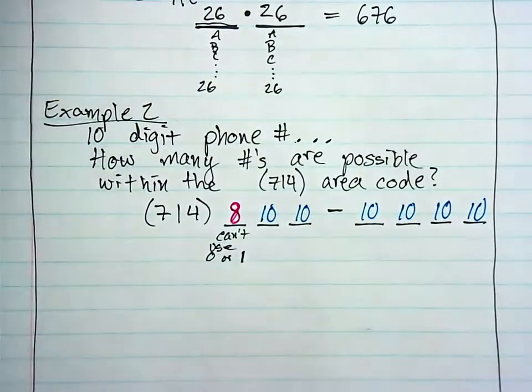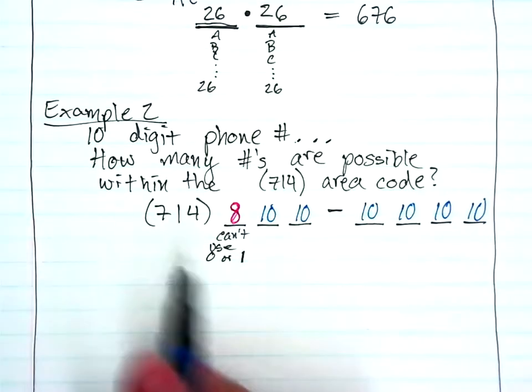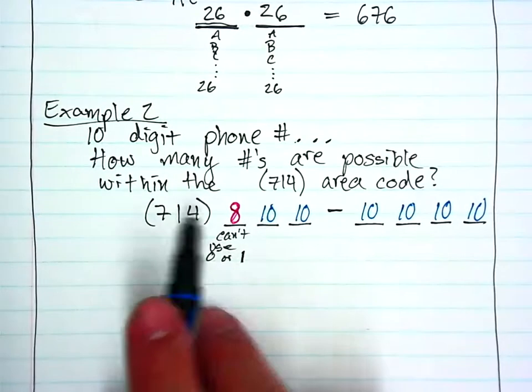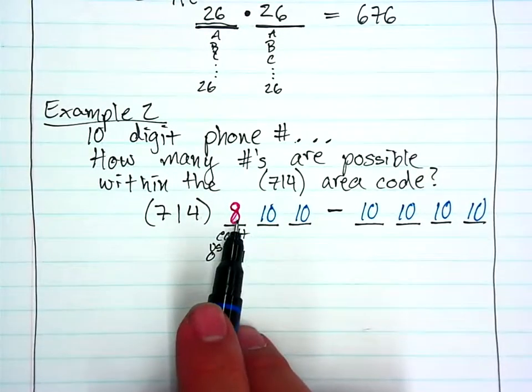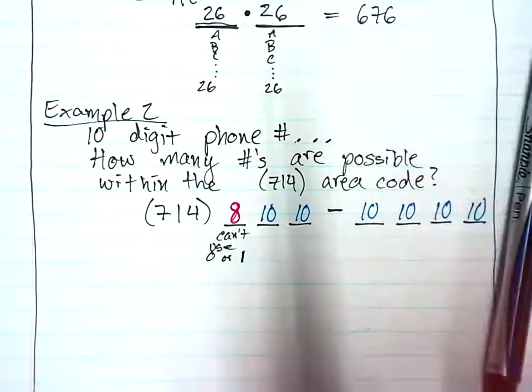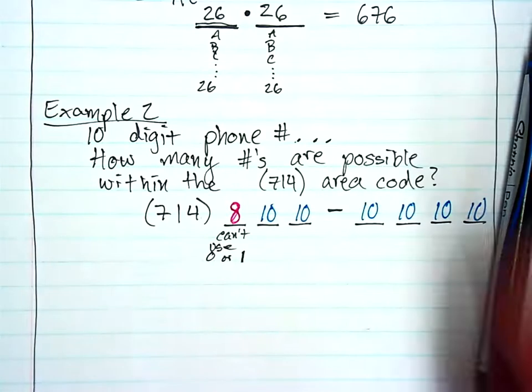So based on that knowledge, we're going to be able to count how many phone numbers there are in this entire area. Excluding the 714 because we're focused only on this area code, I'm going to take these 8 numbers and multiply it with everything else.